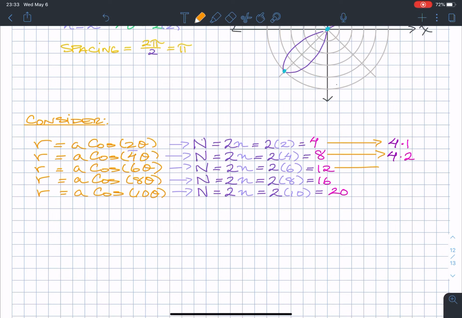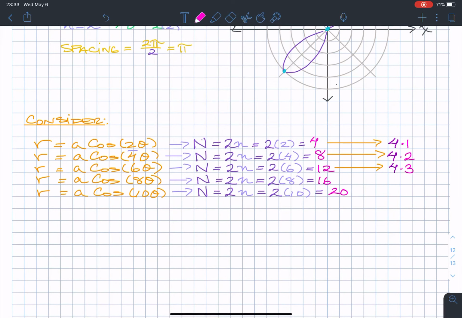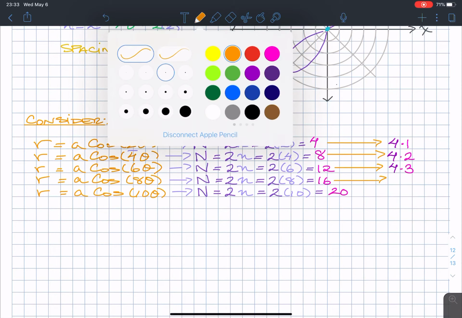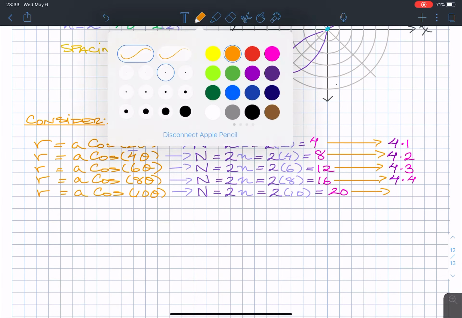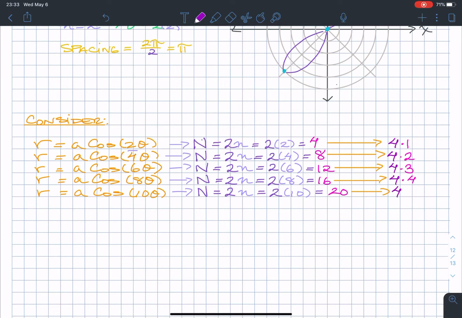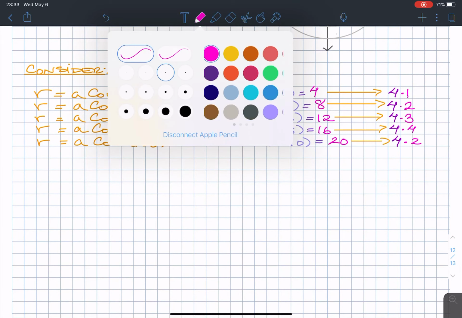The next one is going to be 4 times 3. The next one is going to be 4 times 4. So the number of petals is always a multiple of 4, right? So I can never have a rose with, let me asterisk that.